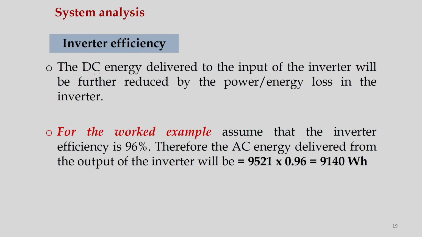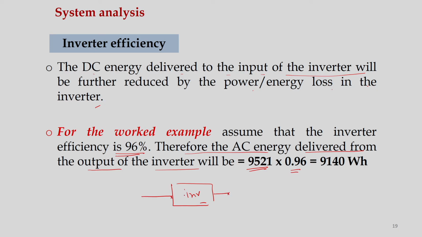Now, this DC energy delivered to the input of the inverter will be further reduced by the power loss in the inverter. So, if we consider the inverter efficiency is 96%, then the AC energy delivered from the output of the inverter will be 9521 multiplied by 0.96. Now we will draw the inverter here. Input is known, then output we need to calculate.